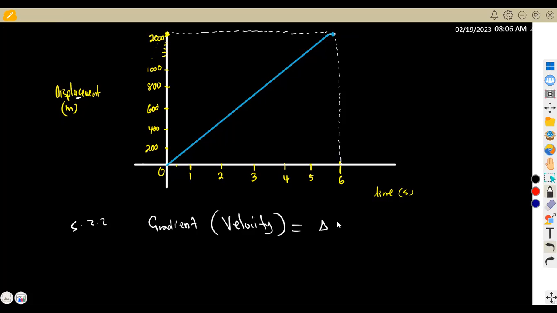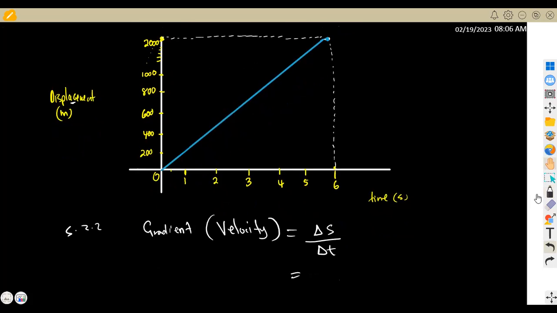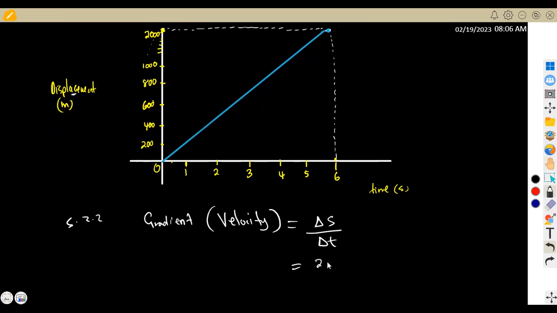In time. So you can take a corresponding point, and the best corresponding point to use is 2000 versus 6. So you can divide 2000, that is the displacement, over 6.